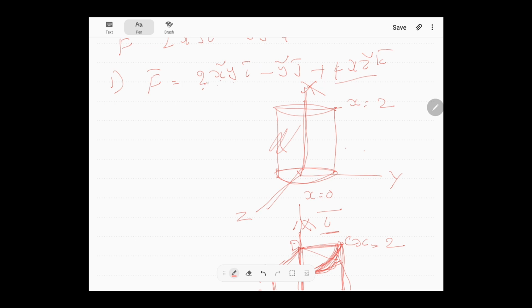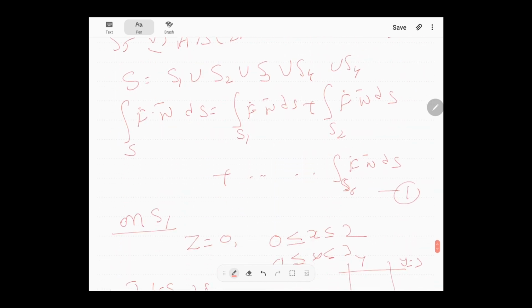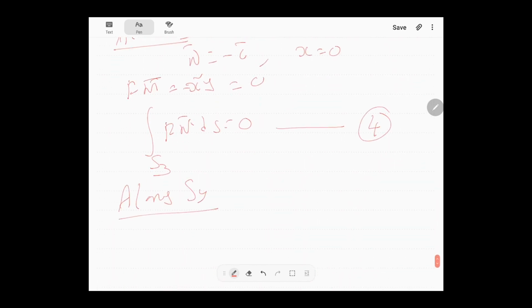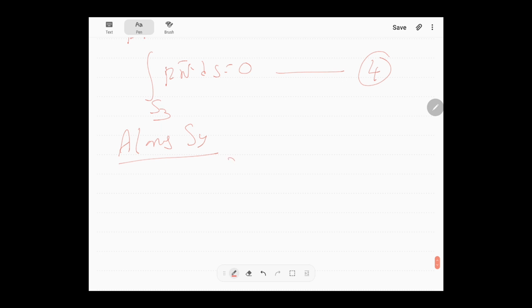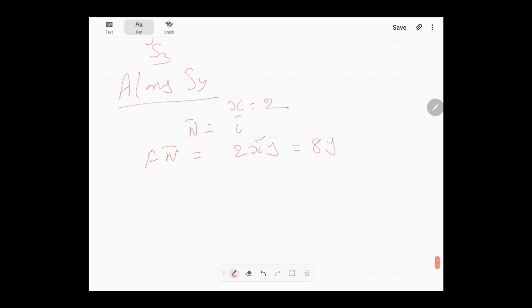If I put x is equal to 2 here, 2 square is 4, 2 fours are 8y. 8y is f bar dot n bar. So along S4, x is 2 and n bar is i bar, and therefore f bar dot n bar is 8y.